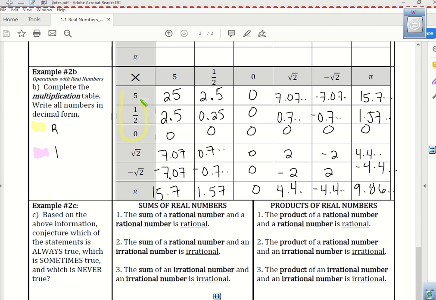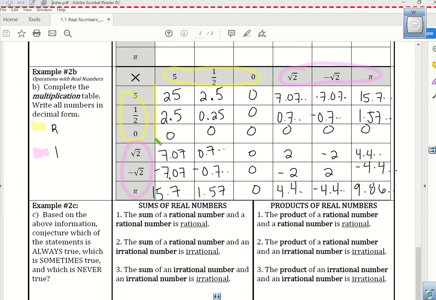Again, 5, 1/2, and 0, I'm sorry, are rational numbers. Square root 2, negative square root 2, and pi are irrational numbers. So we are color coding our answers.